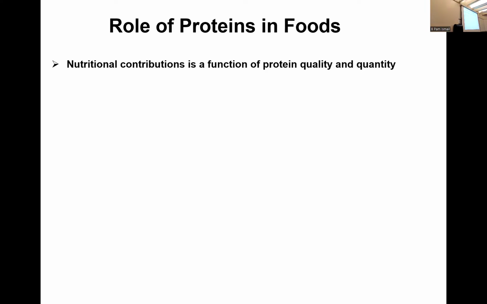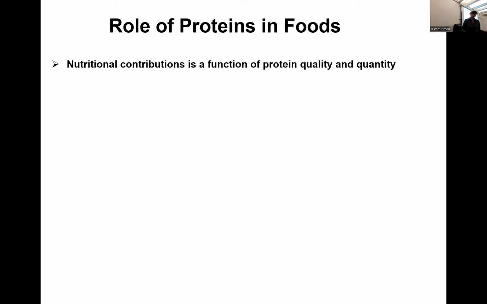We call them essential because our body doesn't produce them. And we need to be able to hydrolyze the protein in our body to digest it, to release the essential amino acids. Sometimes the protein has a high amount of essential amino acids, but it's not biologically available. When we say it's not biologically available, that means somehow we don't have 100% digestibility.